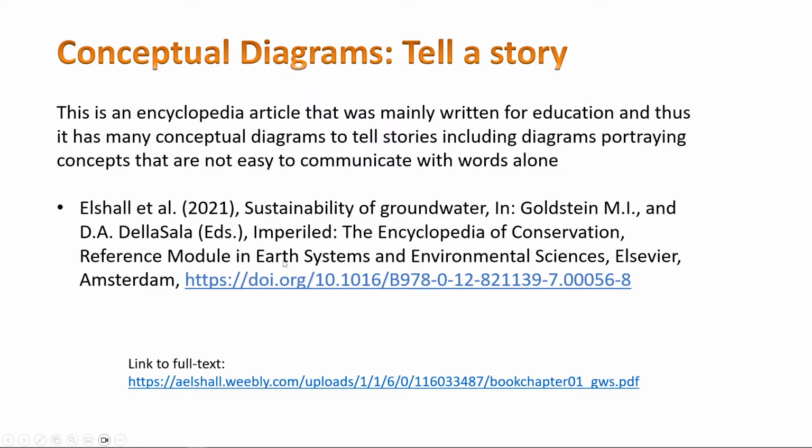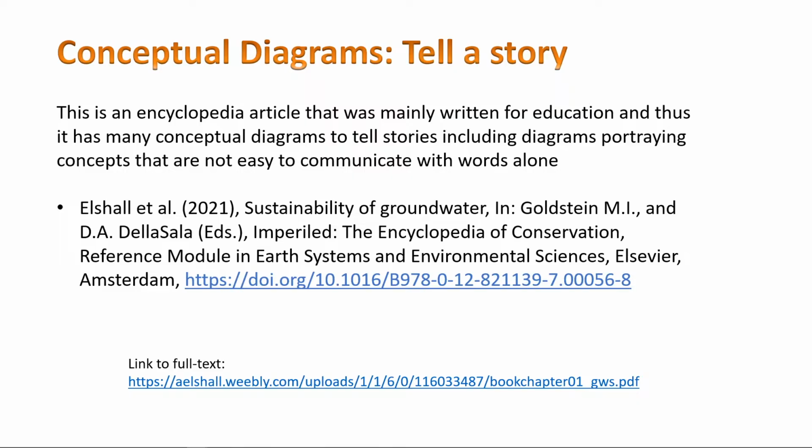This is a reference module in Earth Systems and Environmental Sciences. This reference module has many books in it, like this book where this paper was published, or the Encyclopedia of Conservation. And then you get this educational paper. So I'm writing an educational paper to educate researchers and mainly graduate and maybe upper undergraduate students.